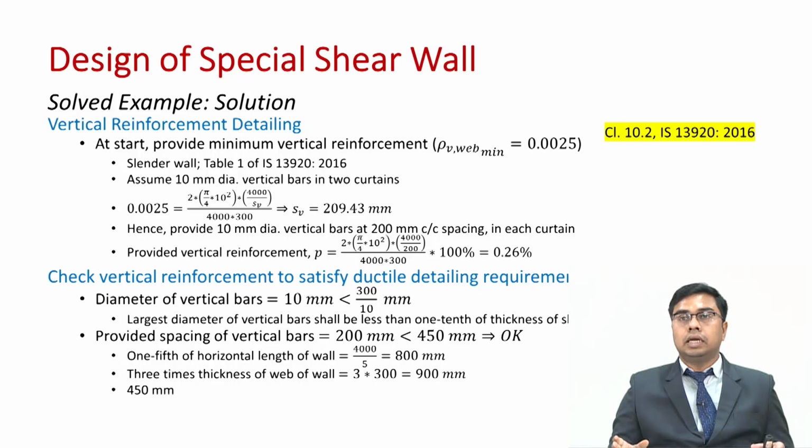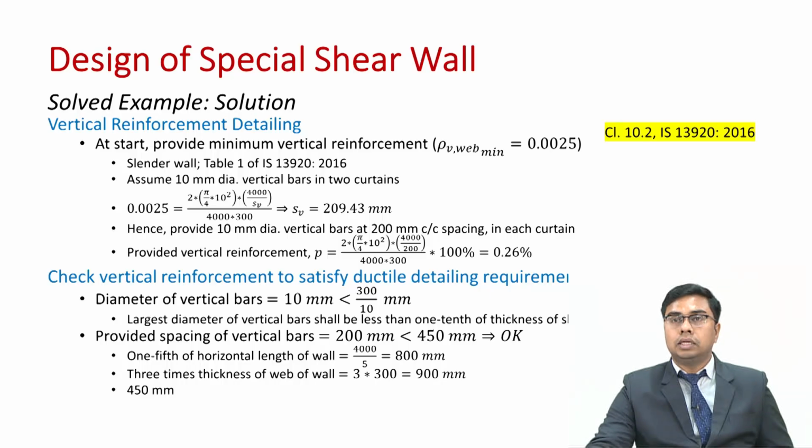So, the wall is actually 4 meters long now. So, 1/5 of the horizontal length of the wall is 4000 divided by 5, which means 800 millimeters, and 3 times the thickness of the wall web. So, the web of the wall is 300 mm thick, and that is why we have to provide a spacing which is not more than 900 millimeters.